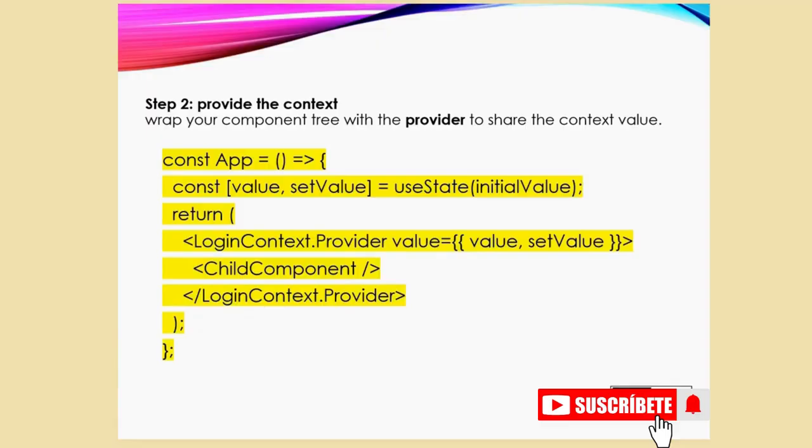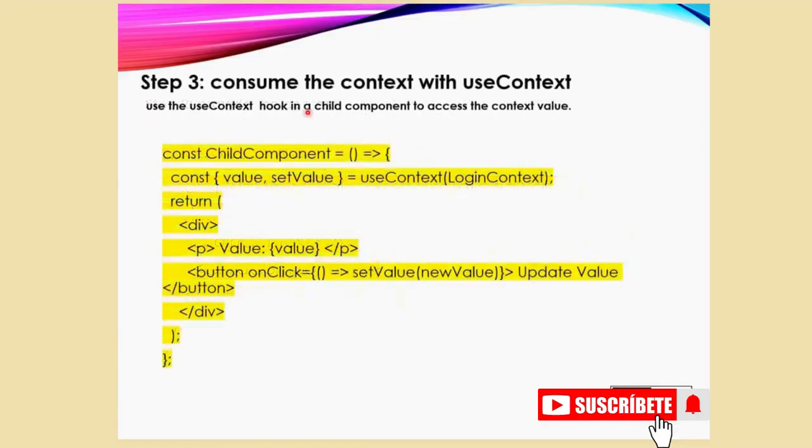Third step, consume the context with useContext. The child component is an arrow function. Here value and setValue use the login context. The value will be there, a button with an onClick function, and in the return, setValue, and the updated value will be displayed, okay? To use context, there are three steps.